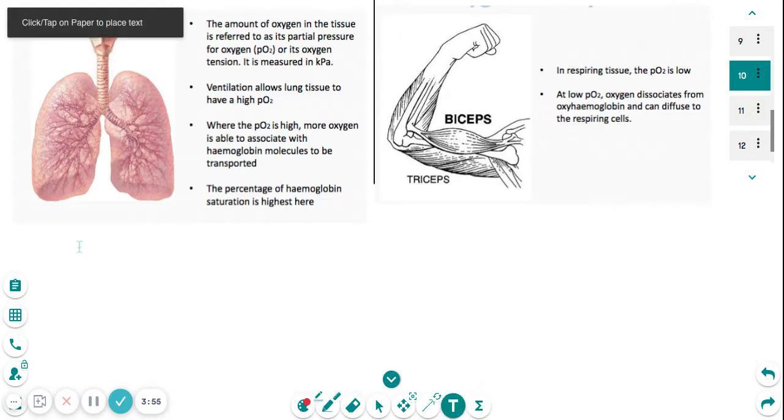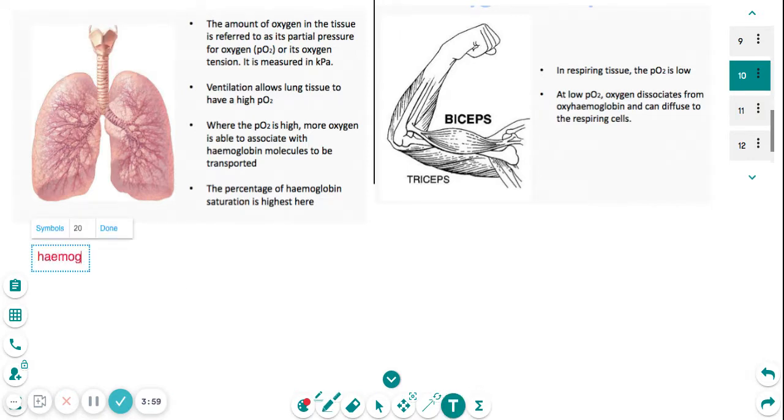We use the correct terms here now. You might say haemoglobin picks up oxygen at the lungs, but I don't want you saying that. Instead, I want you to say it associates.